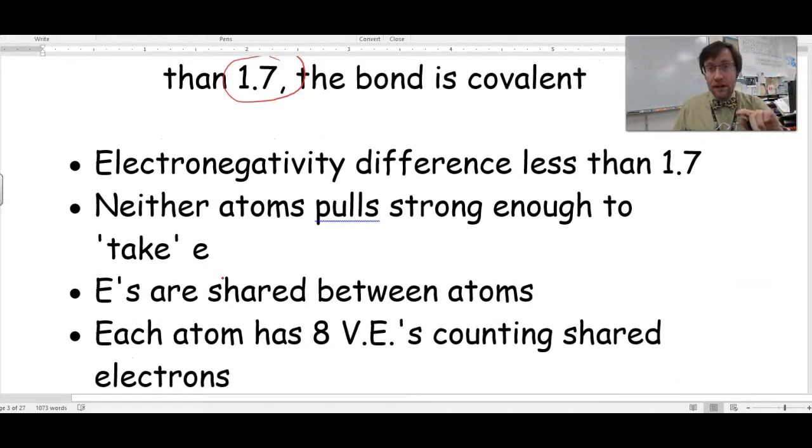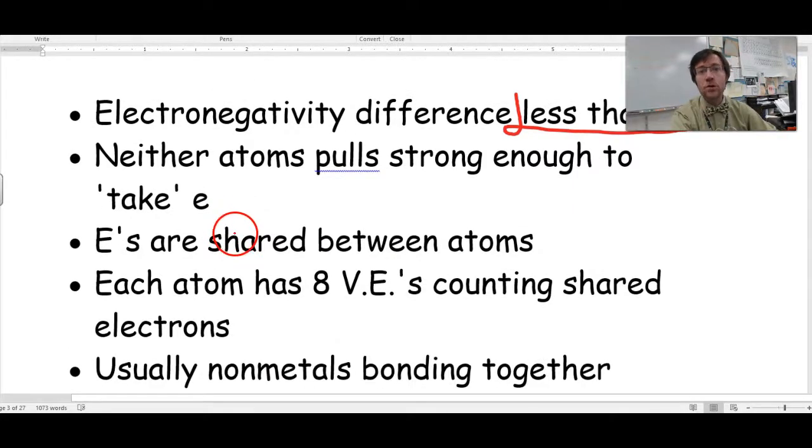So here's the thing. For it to be a covalent bond, the electronegativity difference must be less than 1.7. That's how we know that we are in the category of covalent. Does that make sense? The reason why it is covalent is because neither atom pulls strong enough to take an electron. So in that tug of war, nobody wins, okay? And what that means is that electrons are shared.